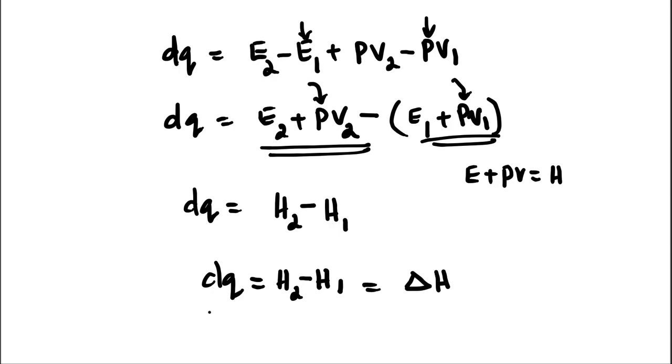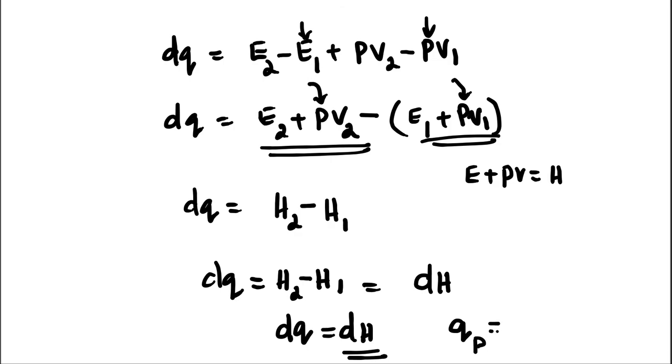So let's use dH. Therefore dQ is equal to dH. Therefore, heat supplied at constant pressure is equal to the overall change in the enthalpy of the system.